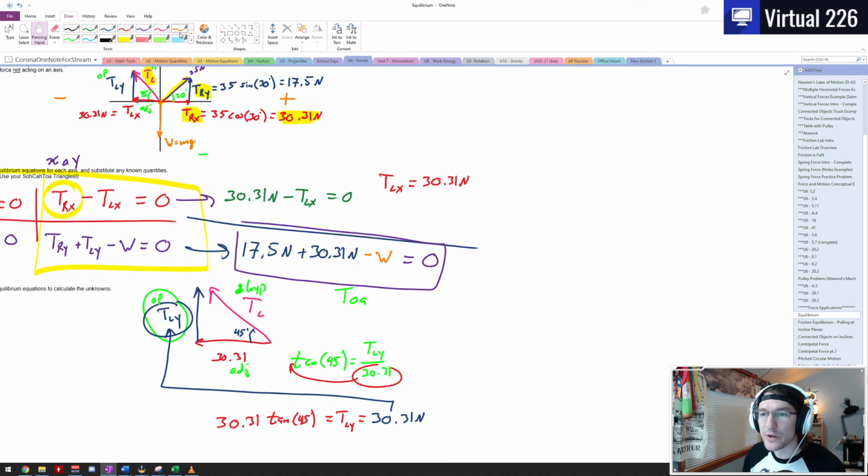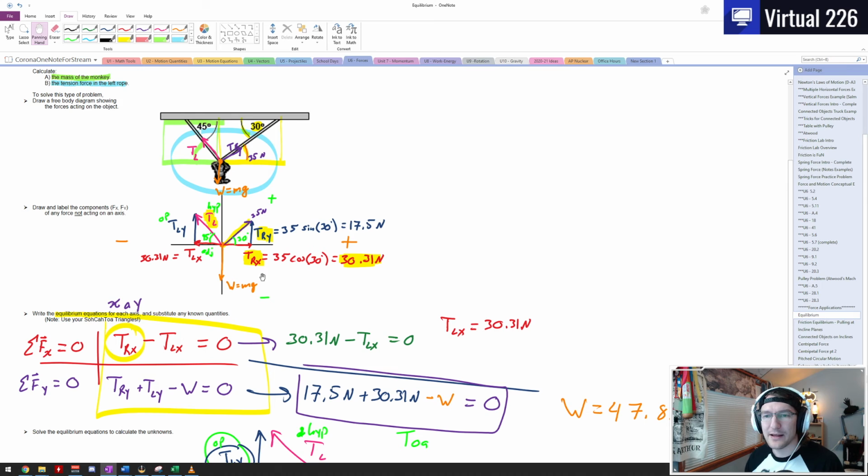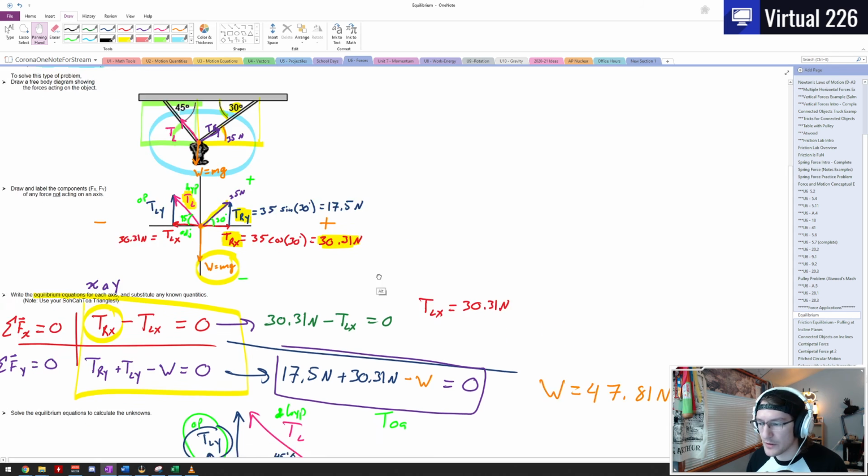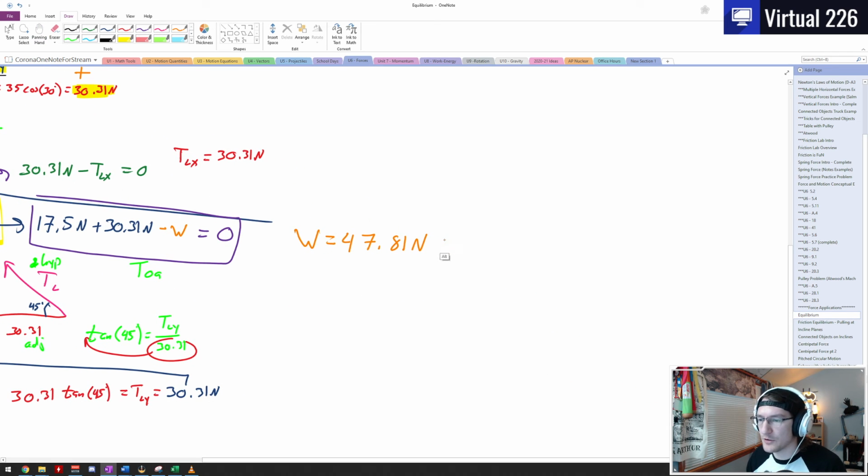So we immediately know that our monkey's weight here is 17.5 plus 30.31, which is 47.81 newtons of weight. And since we're looking for the mass of the monkey, it's important to remember that weight equals mg. So we're looking for the mass.